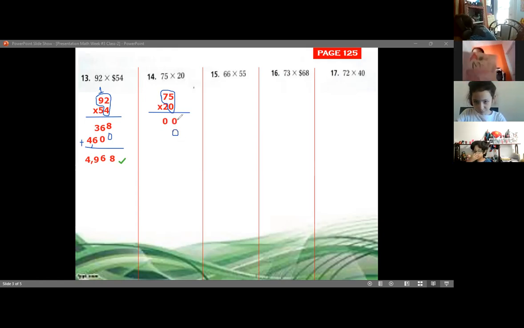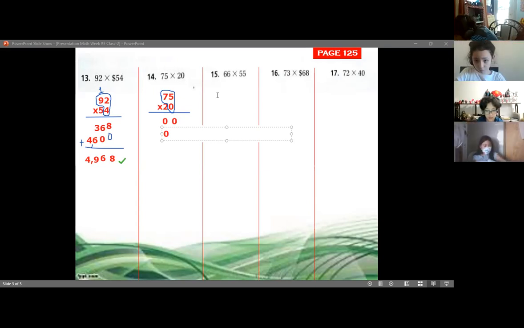Now, we multiply 2 times 75. What is the answer of 2 times 5? 10. So we write the 0 and we regroup the 1 of the 10. And now 2 times 7. 14 plus 1, 15.